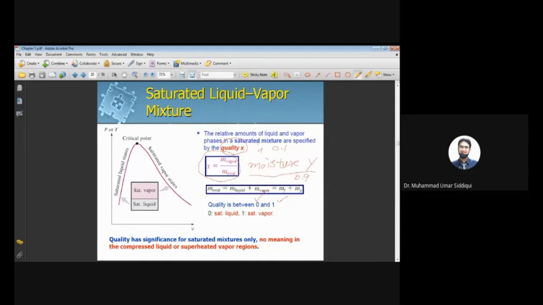When it is 0, it is saturated liquid. When it is 1, it is saturated vapor. If it is within this mixture region, then its value should be between 0 and 1. It has no meaning in the compressed liquid or superheated vapor regions.